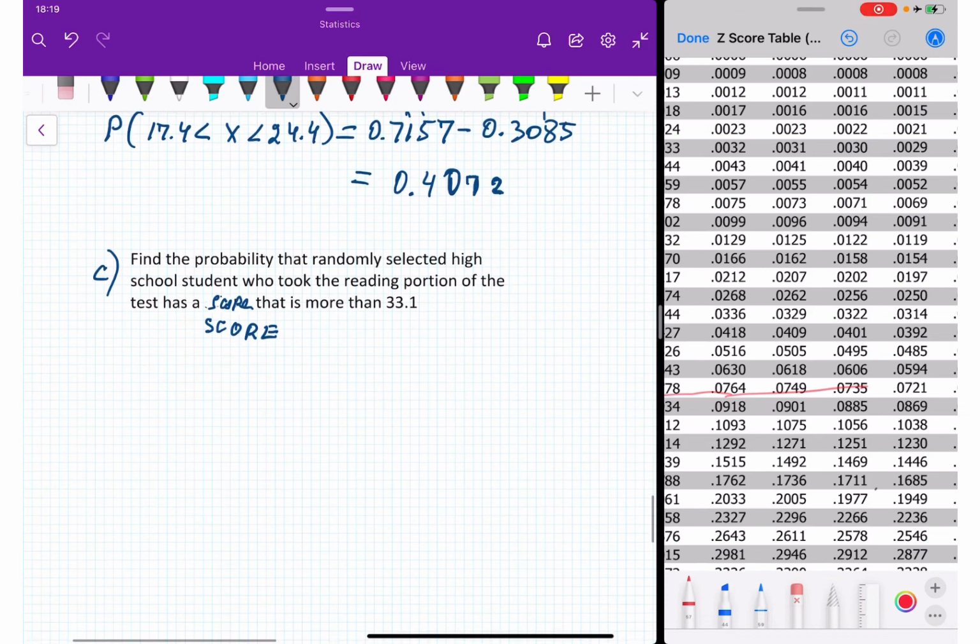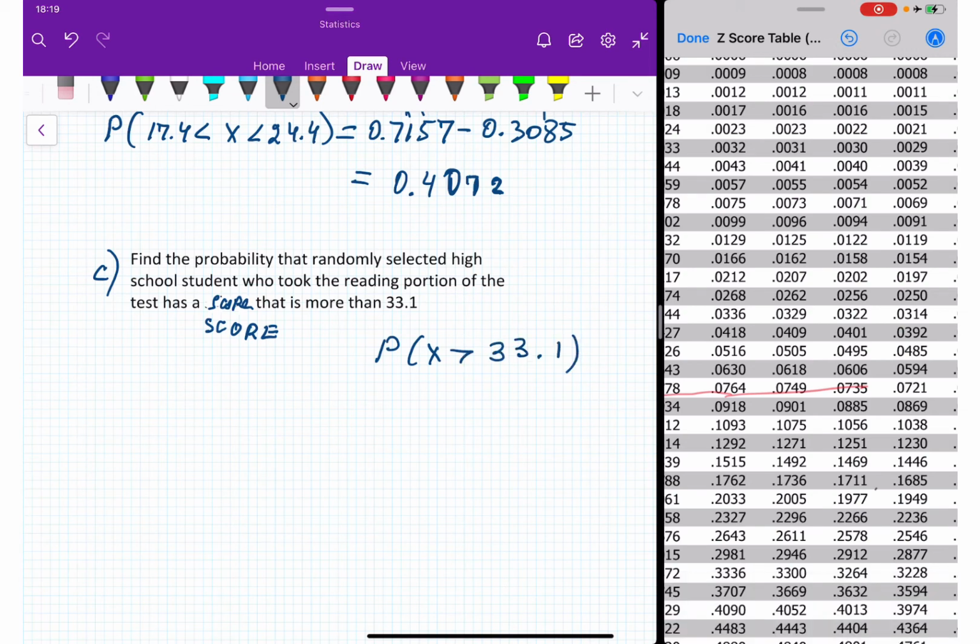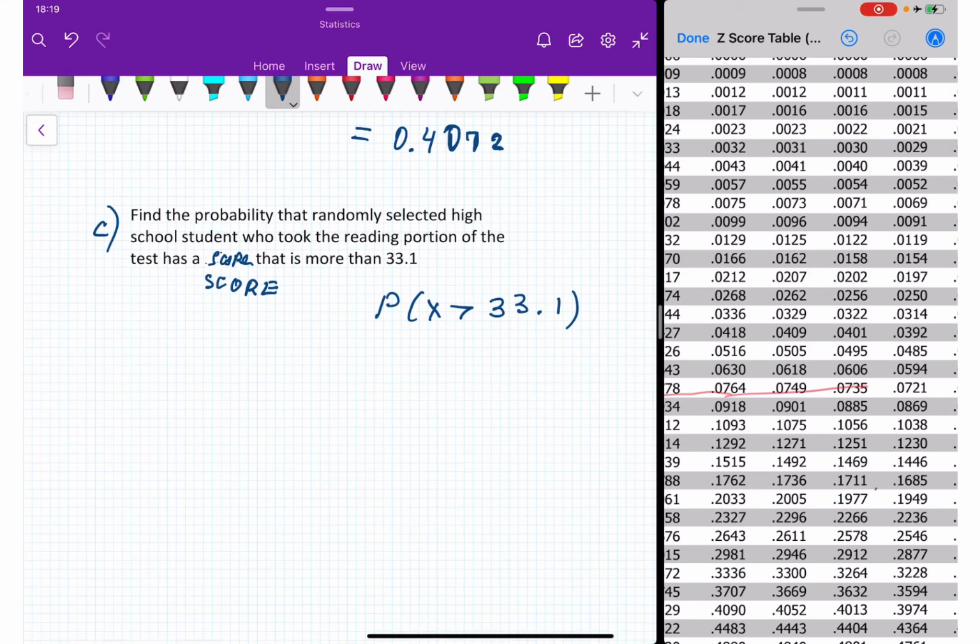So we need to find the probability for x greater than 33.1. To find the probability for x that is greater than 33.1, that is equal to 1 minus the probability for x less than 33.1.